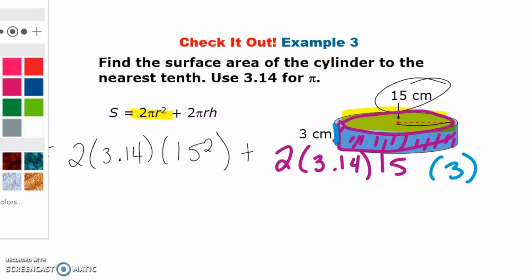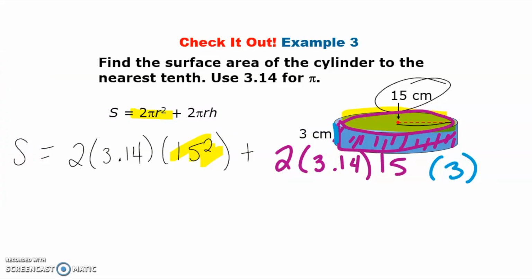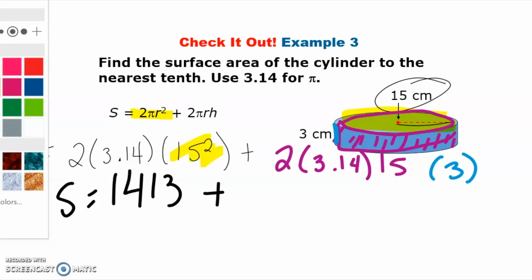So now we can go ahead and just do the multiplication. Again, don't forget, you always want to start with that exponent, 15 times 15, into your calculator, times 3.14 times 2. And we get 1,413. Then we're going to add that to our lateral area. Again, lateral area is where that label on our soup can would be.